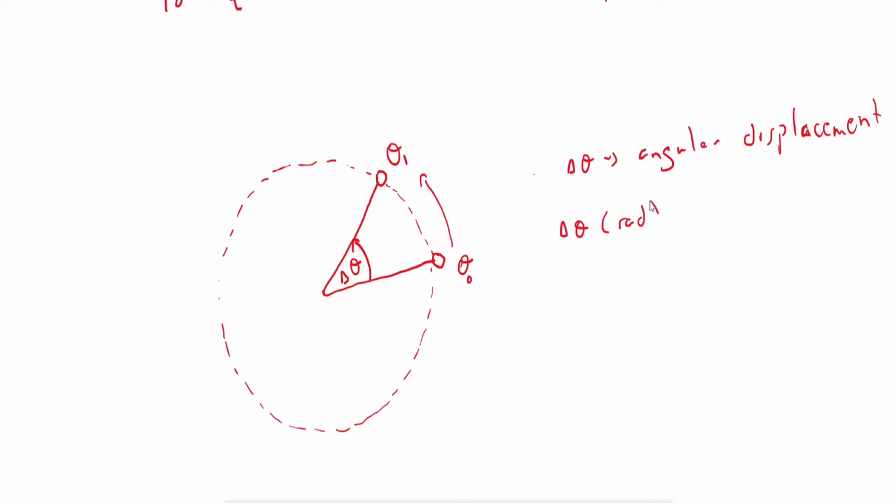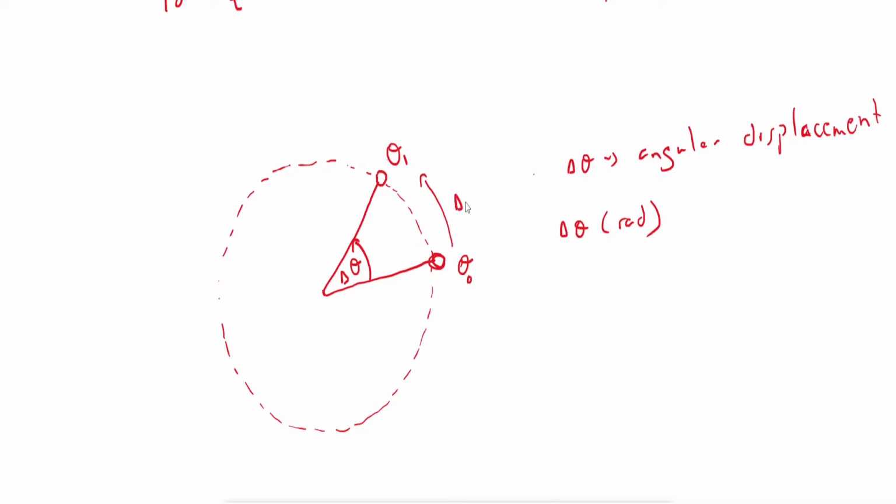It's always measured in radians. So it basically gives you the position in angular quantities. That's the right word that we normally use. All right, so that is the angular displacement.